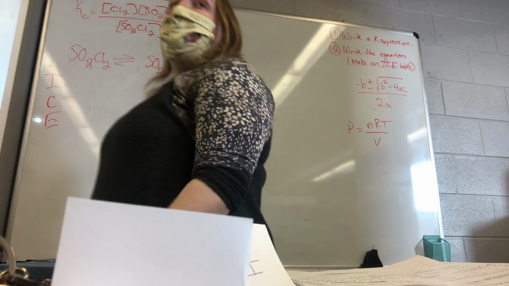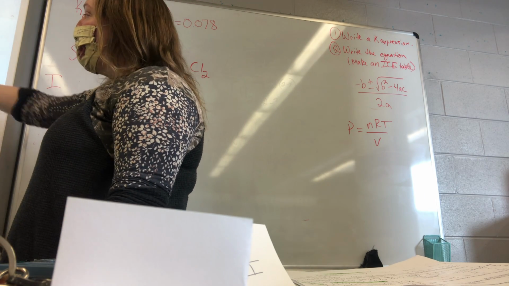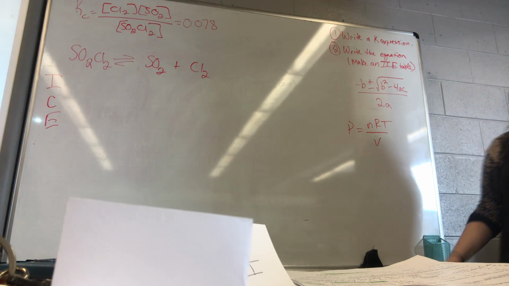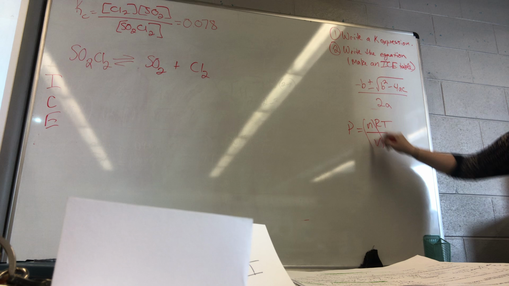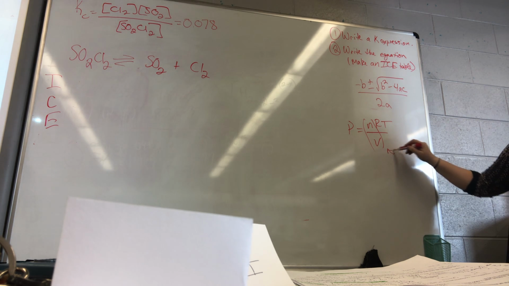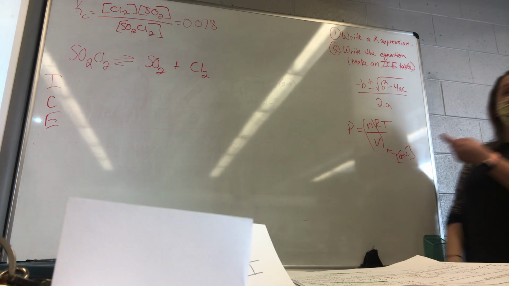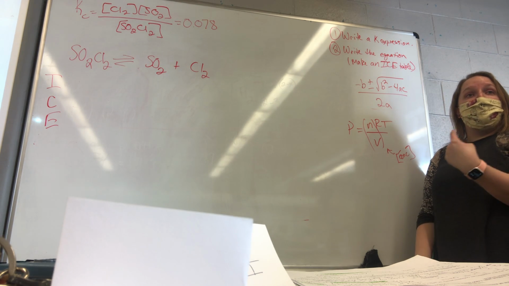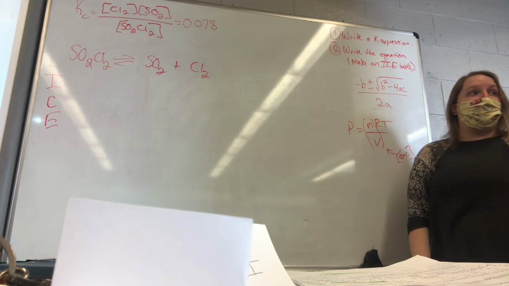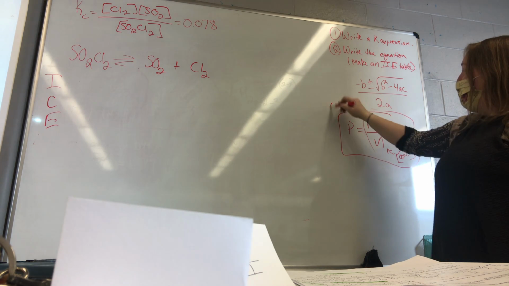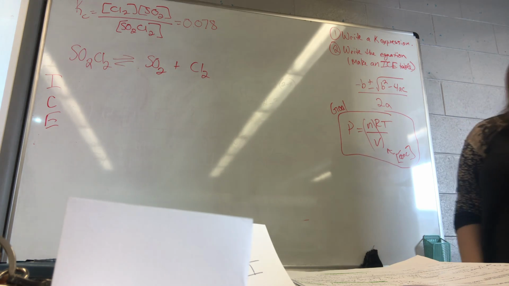From there, we need to know what the concentration of Cl2 is in the mixture. Moles over volume is concentration, right? If we can find the concentration of Cl2, we just have to multiply by RT, and then we'll get pressure. So this is the goal of this particular reaction.